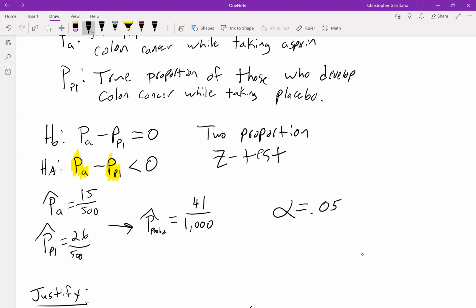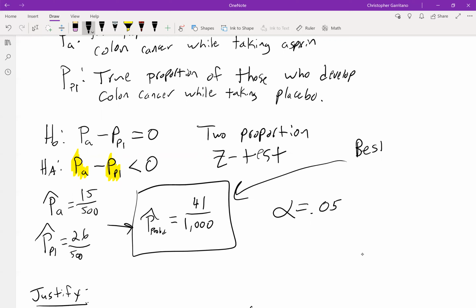So if we want to run our analysis, we need to approximate these values. And since we're assuming they're the same, we might as well pool our two small samples together to get one large sample. And this is going to be our best point estimate of PA and PL. So P hat pooled is the best point estimate of PA and PL.